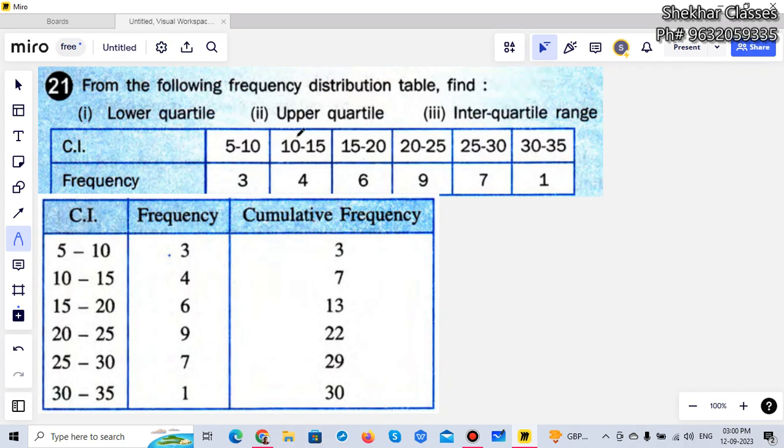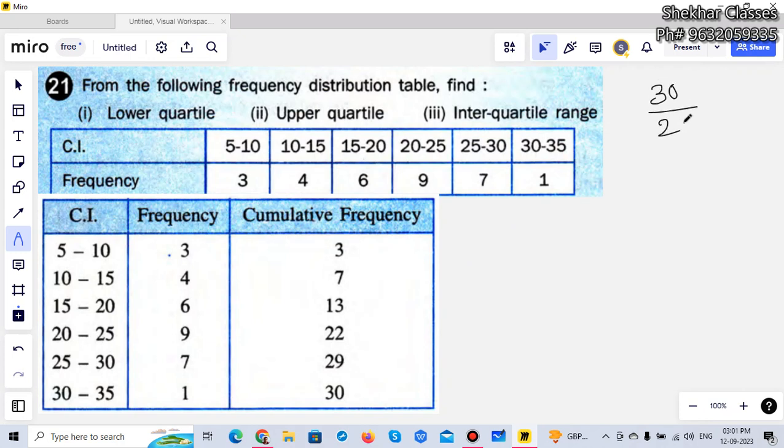So it's 3 here. 10 to 15, 4, so it becomes 3 plus 4, 7, and 15 to 20, 20 to 25, these are all written here. Then we write down the cumulative frequency: 3 plus 4, 7, 7 plus 6, 13, 13 plus 9, 22, 22 plus 7 is 29, 29 plus 1 is 30. So how many data are there? 30.